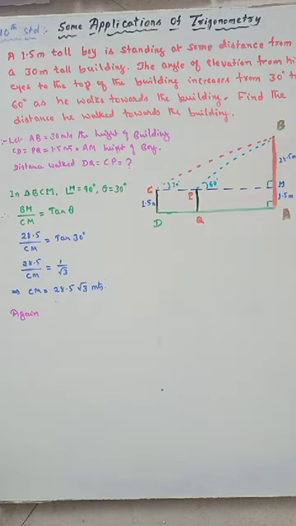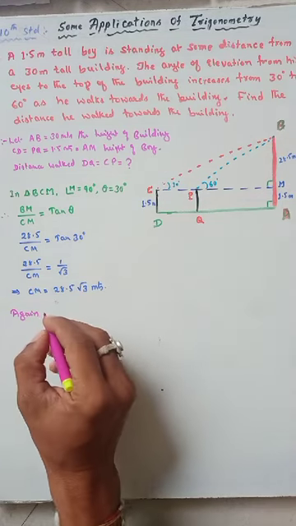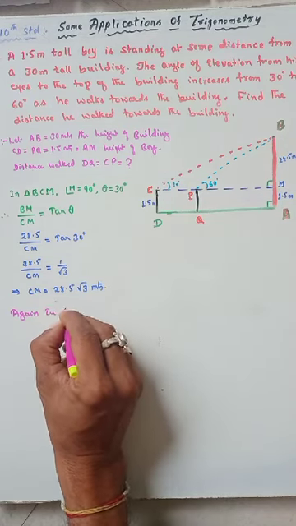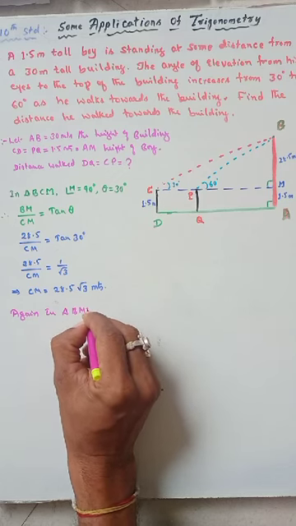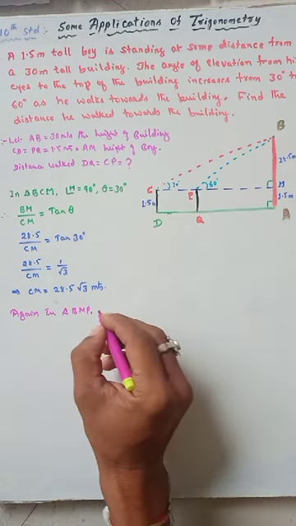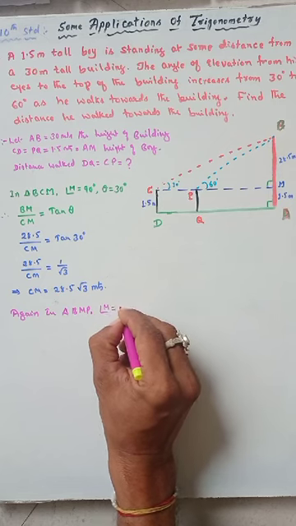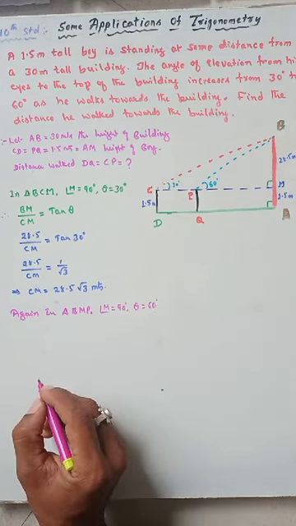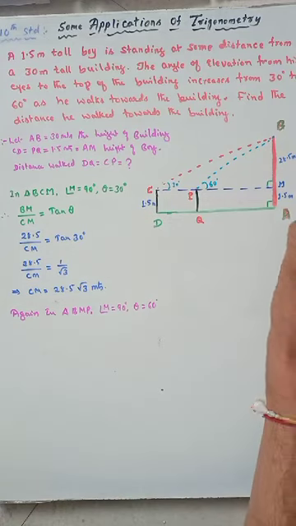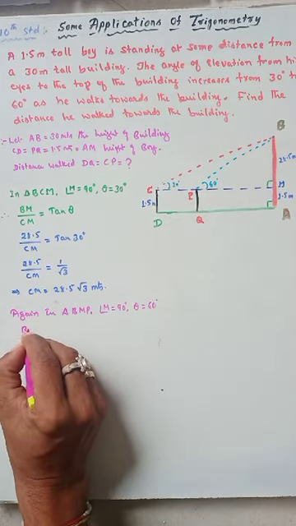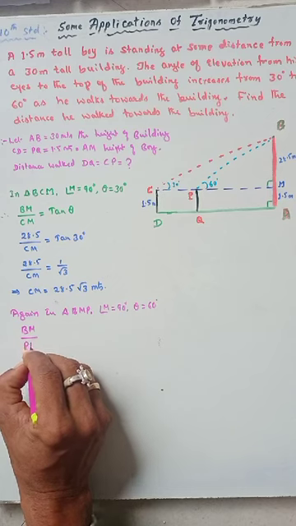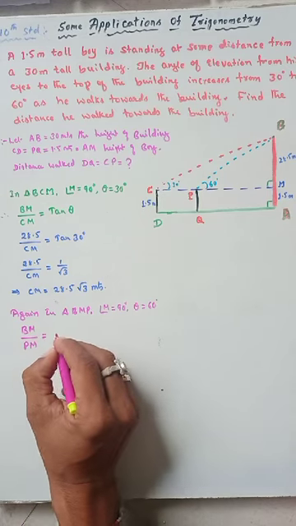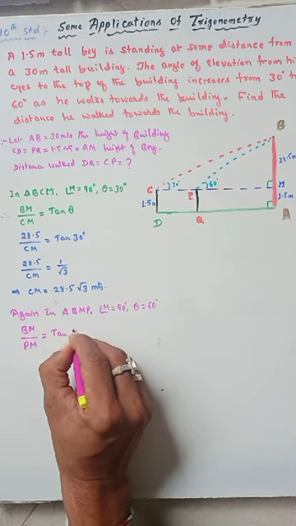Let us consider again the triangle BMP. In triangle BMP, again angle M is equal to 90 degree and now theta is 60 degree. Therefore BM by PM is equal to tan 60 degree.